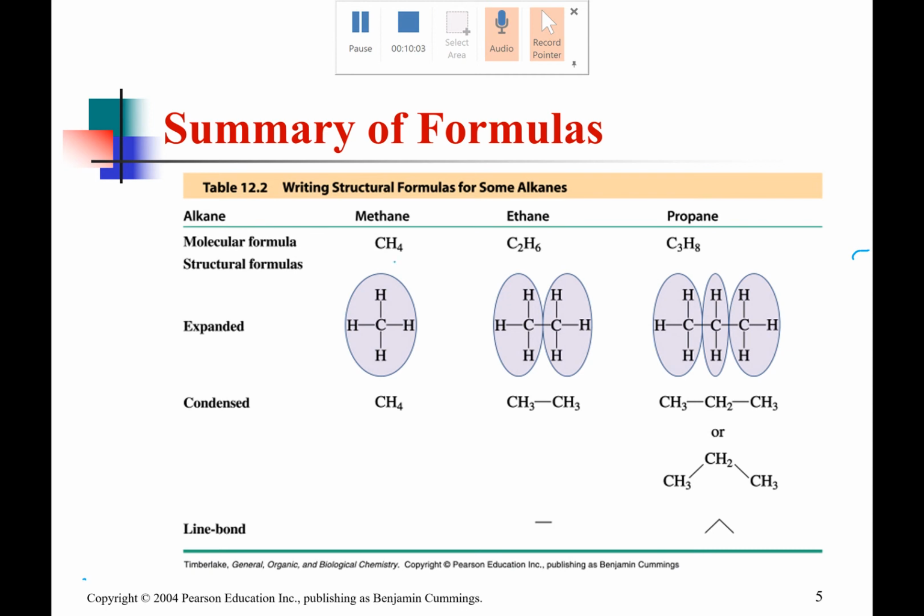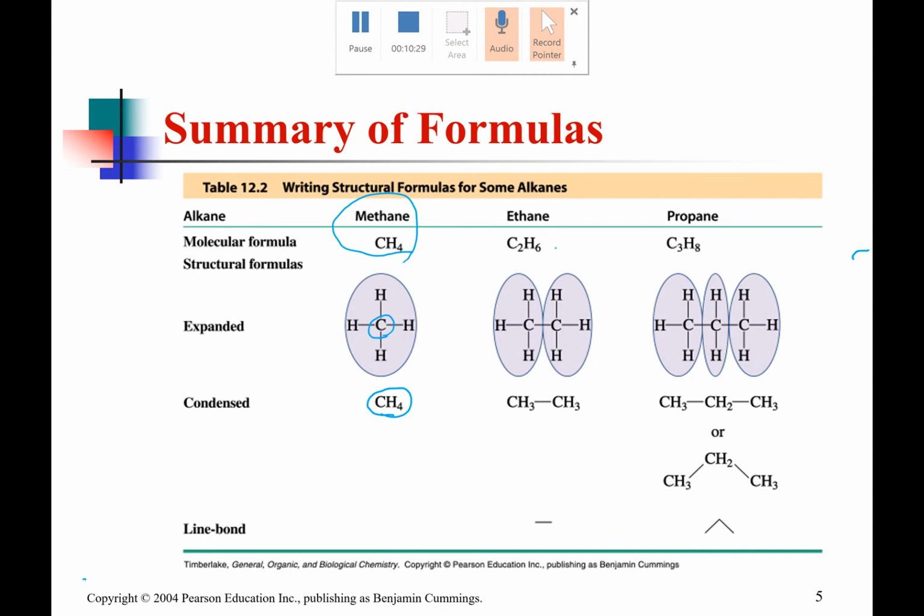This compound is methane. It's a natural gas. It is really one carbon connected to 4 hydrogens. The expanded structure shows 4 CH bonds. Condensed structure, we do not show CH bond, so it's CH4. And molecular formula is also showing there is 1 carbon and 4 hydrogens.